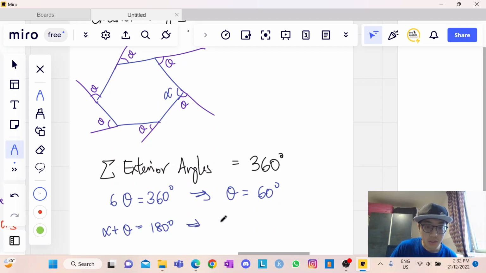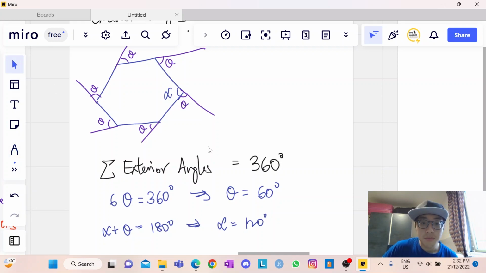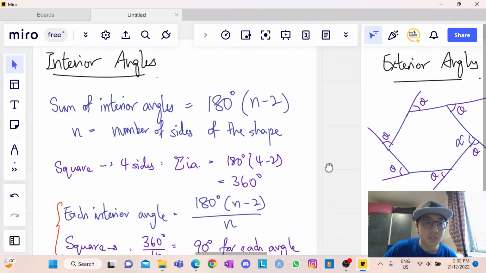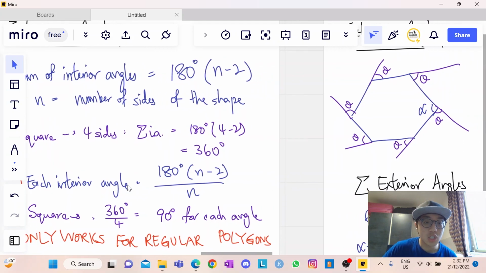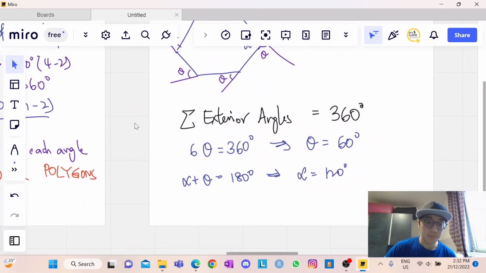So we are looking for alpha, which is 120 degrees. From the previous slide, we have the formula for the sum of interior angles and the formula for each interior angle for regular polygons right here. So we can calculate each angle in a regular hexagon.